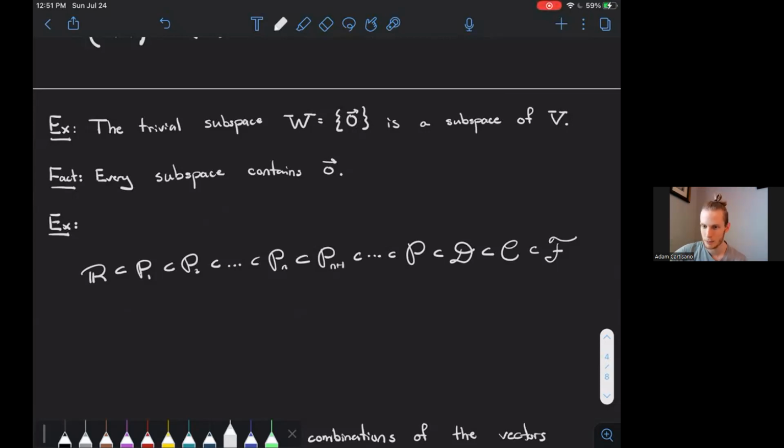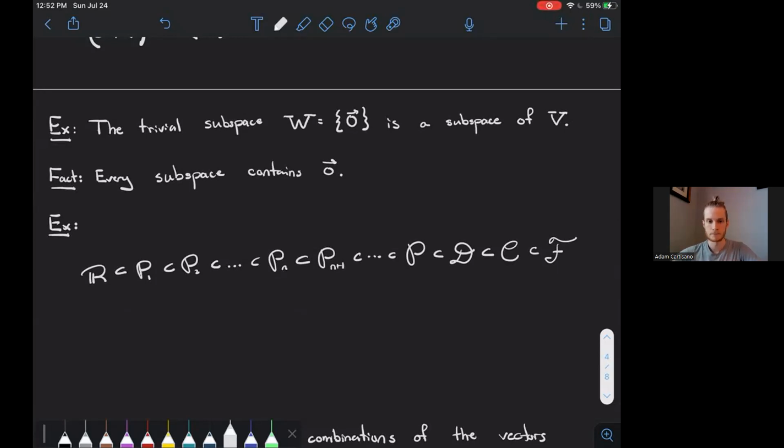Take any scalar, multiply by the zero vector, or by one of our previous theorems, you'll get the zero vector back. And so you remain inside the subspace. There we go. Theorem 6.2 guarantees that the zero vector makes its own subspace of any vector space. That's fun. And in fact, every subspace is going to contain the zero vector for those reasons.